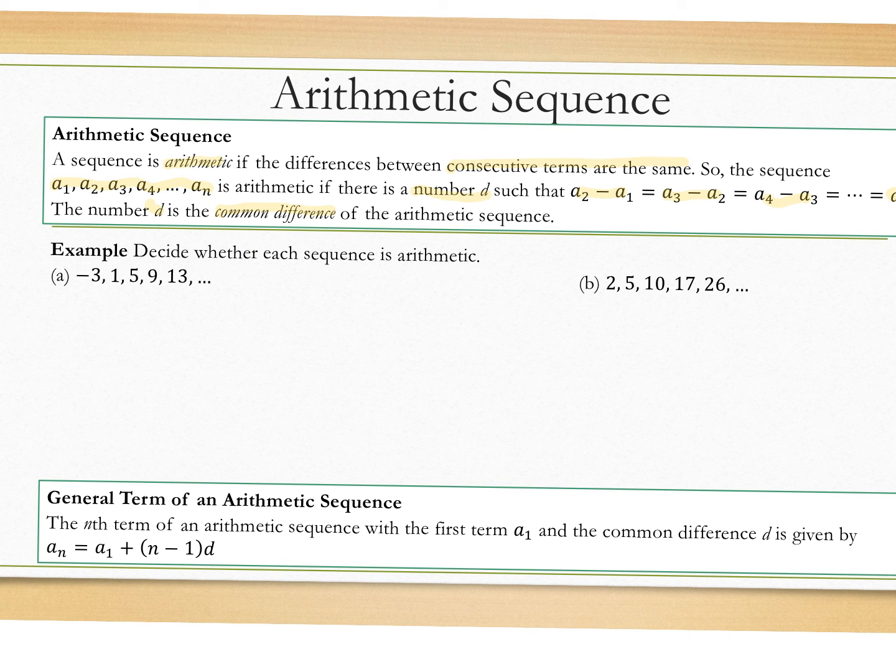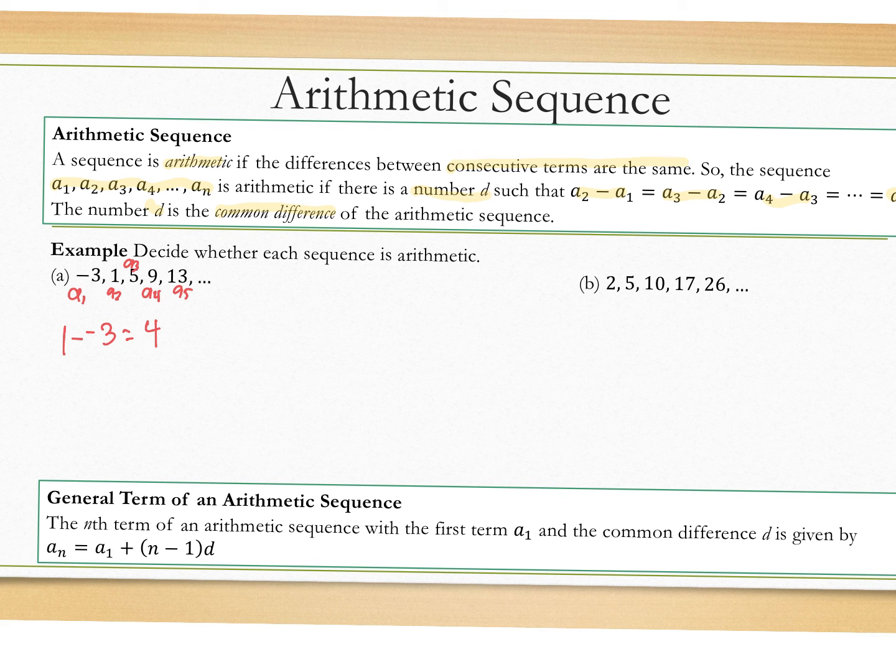If it helps you, you can label each of your terms a1, a2, a3, a4, a5, etc. And we know that if we take a2 minus a1, or 1 minus negative 3, we do get 4.